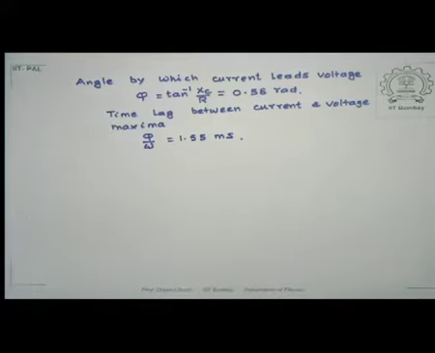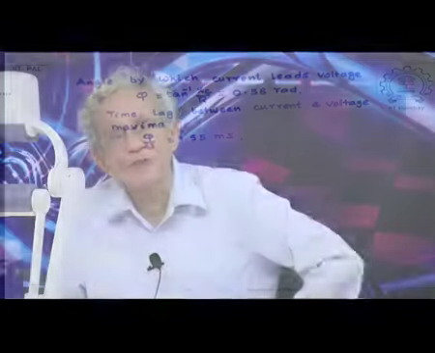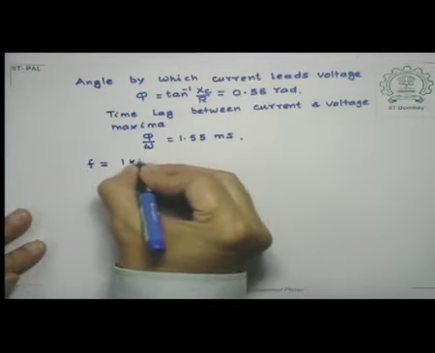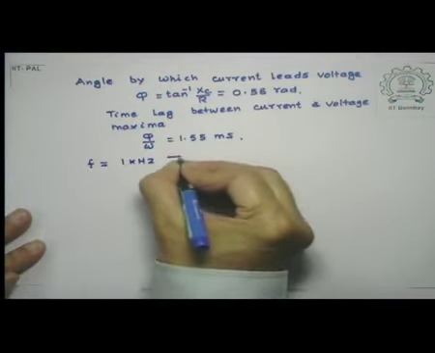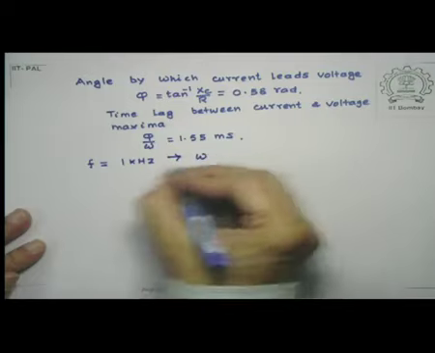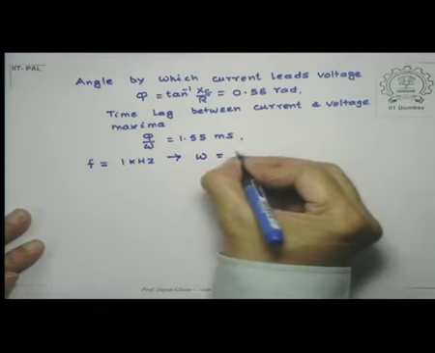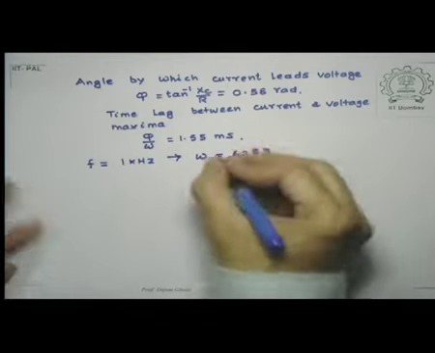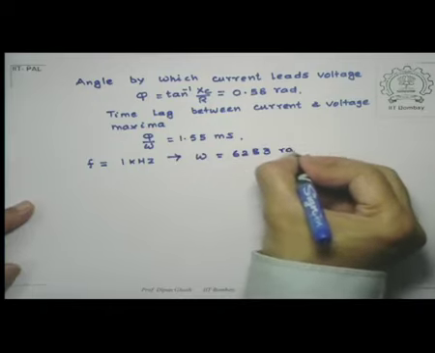Now let's see what happens if I increase this frequency. If I take the linear frequency f to be equal to 1 kilohertz, that corresponds to a value of omega given by multiplying this number with 2 pi, and that's equal to 6283 radian per second.